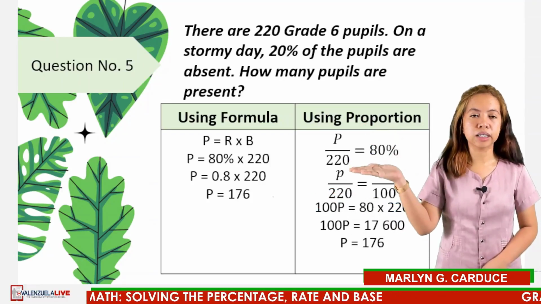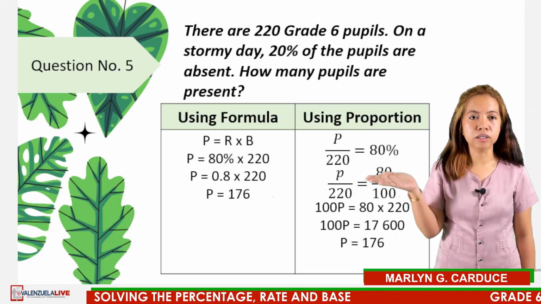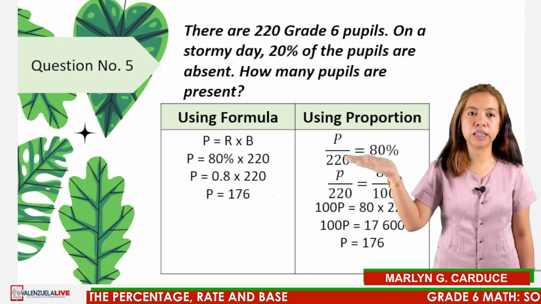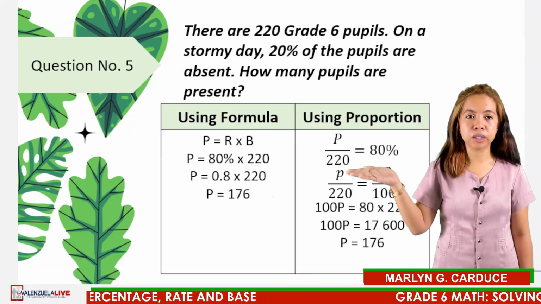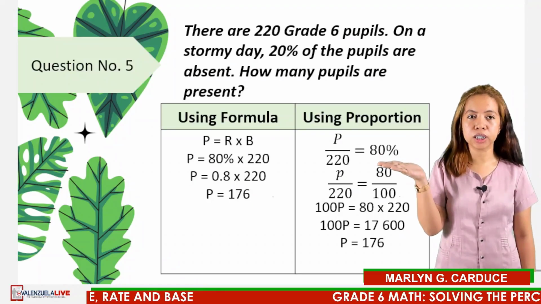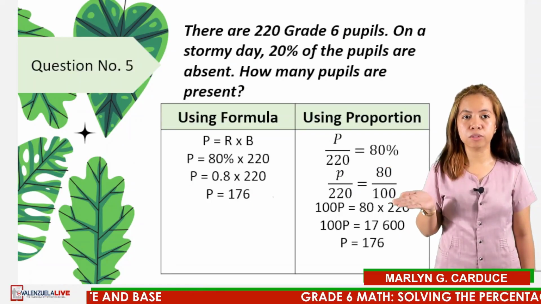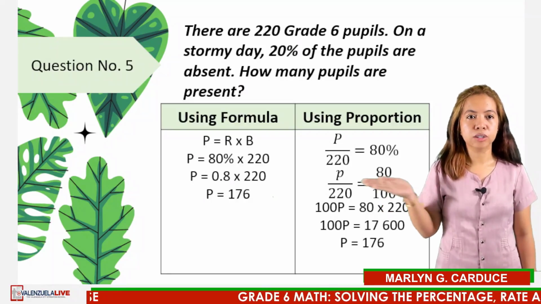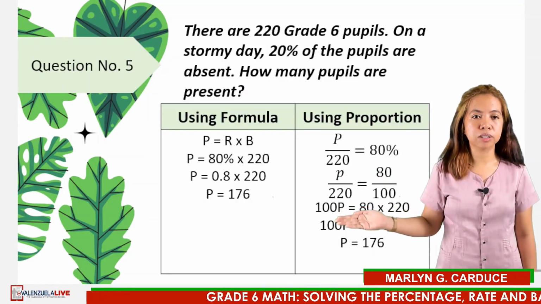In using the proportion, we have 220 as our base, so P or percentage over 220 is equal to 80%. Then change 80% into fraction form with a denominator of 100, and then get the cross product. So P times 100, that is 100P.